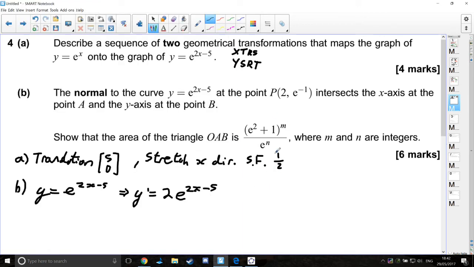Right, so if I sub in 2, y prime evaluated at x equals 2 is 2e to the power of, well, 4 minus 5, which is 2e to the minus 1.